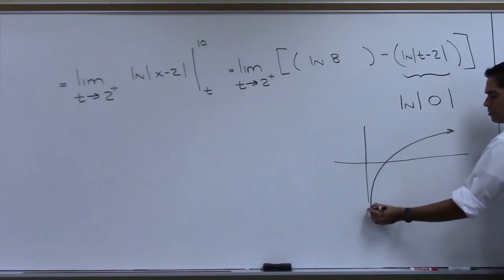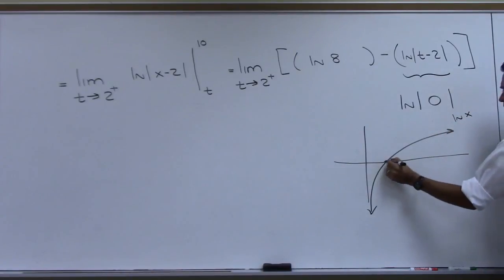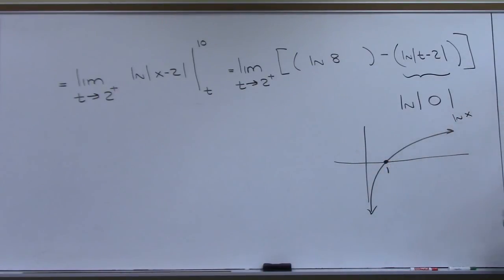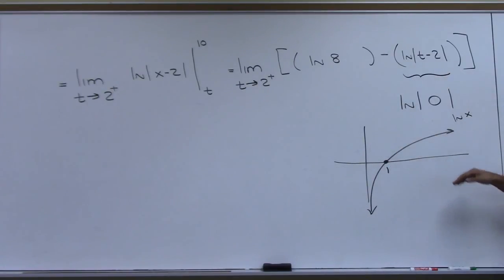This is the graph of the natural log. I think I drew this last class, didn't I? I did draw it. And I kind of went off topic for a second, and then I came back, and I drew this. And I said, what happens is we go this way, and I said it grows, right?